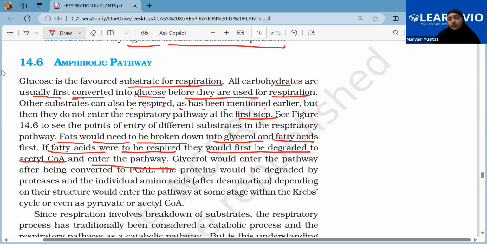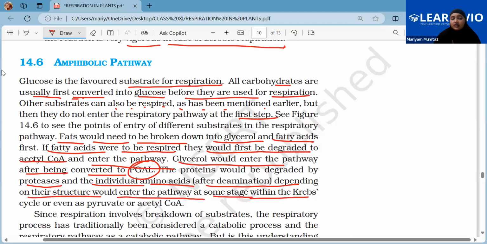The glycerol would enter the pathway after being converted into phosphoglyceraldehyde. The proteins would be degraded by proteases and the individual amino acids, after deamination, depending on their structure, would enter the pathway at some stage within the Krebs cycle.